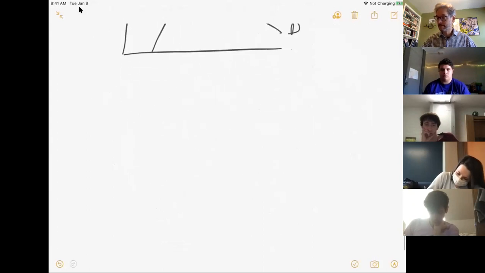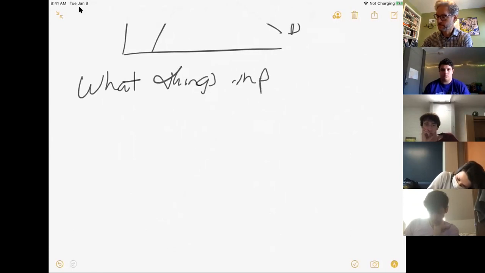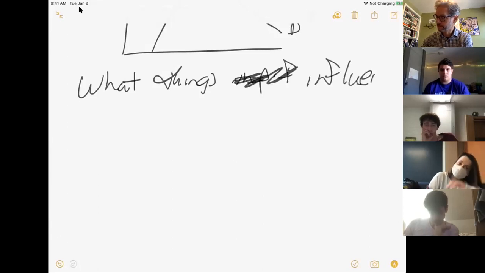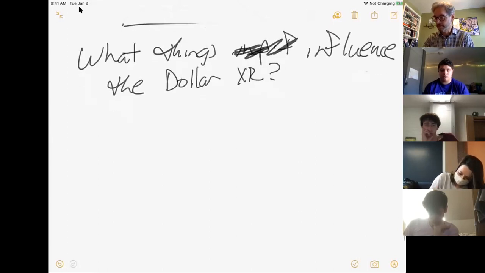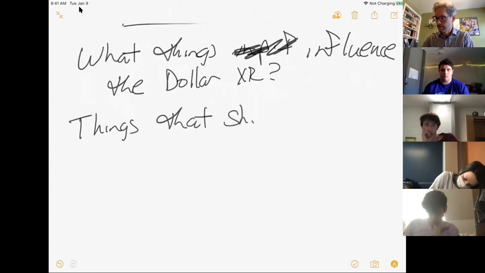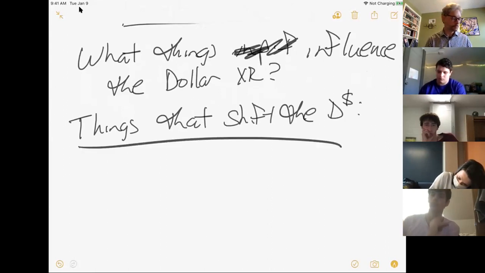And so what kind of things influence the dollar exchange rate? Well, two things: things that shift the demand for dollars, and things that shift the supply.